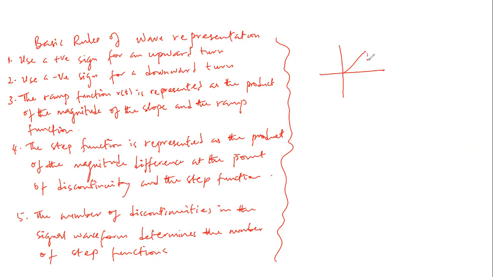At this point we have t sub 1 equal to beta, and here let's say t naught equal to 0. Then at this point, let's say we have amplitude of A. Then we have r of t, and this is t.